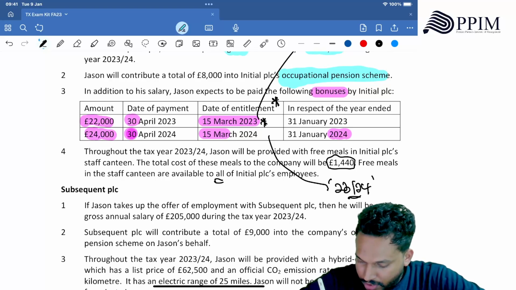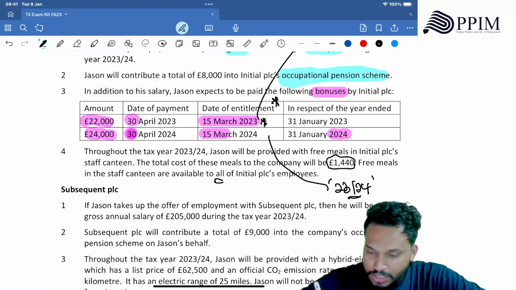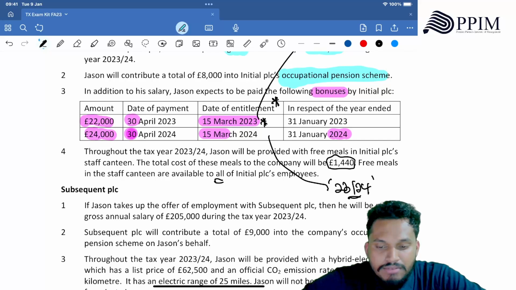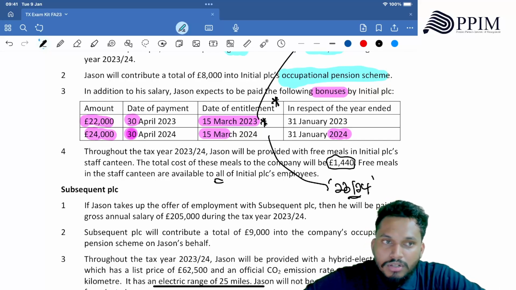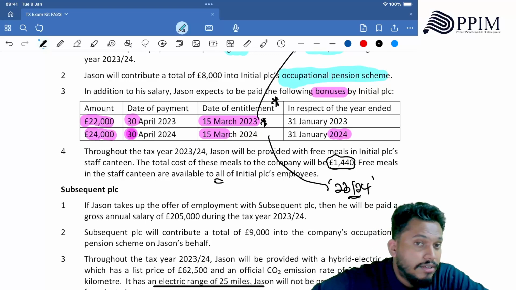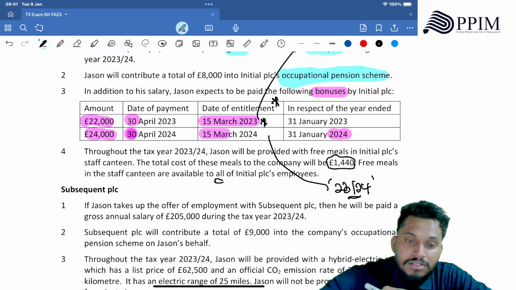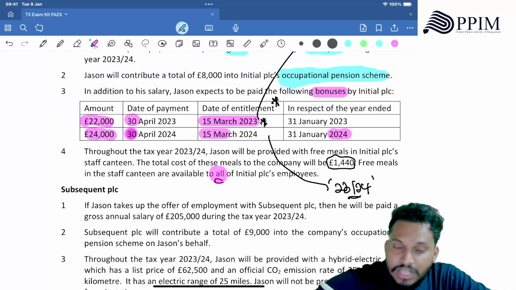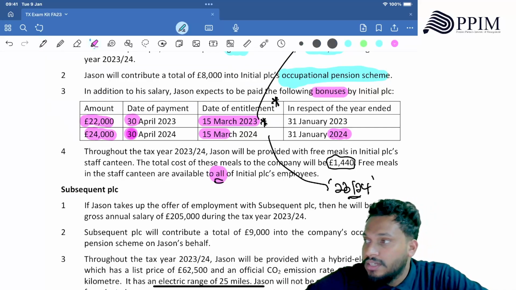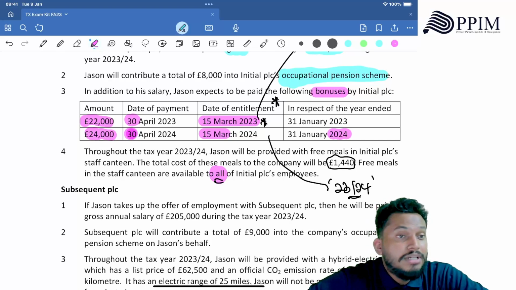Okay. Now tell me, this is a benefit he is receiving. Is it an exempted benefit or not? What do you say? Since everyone is receiving, that's why I highlighted that word all. This is an exempted benefit.